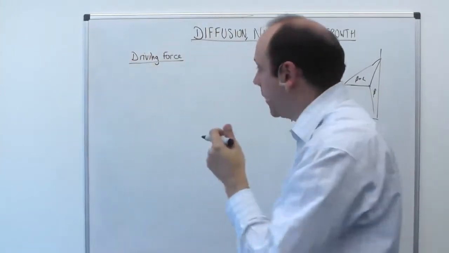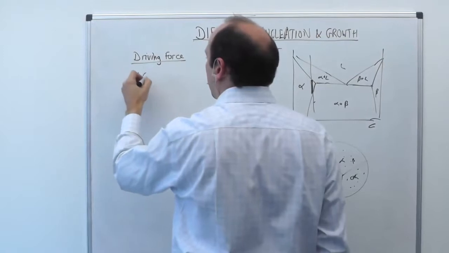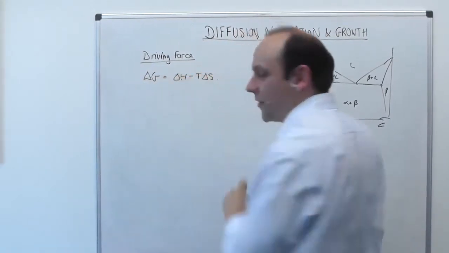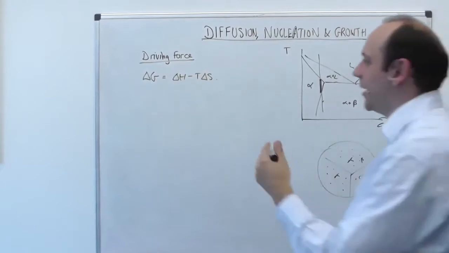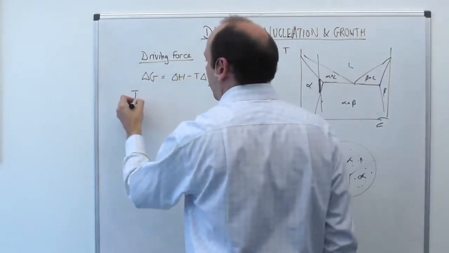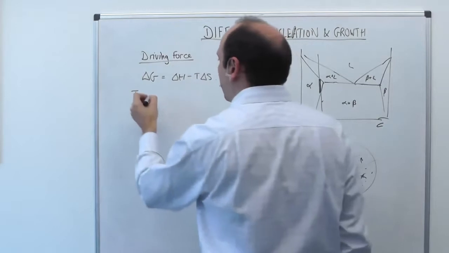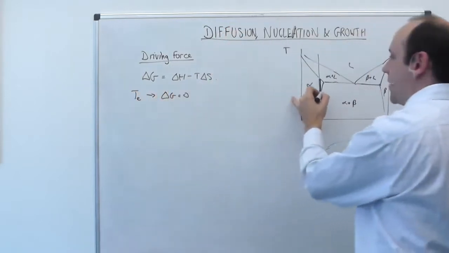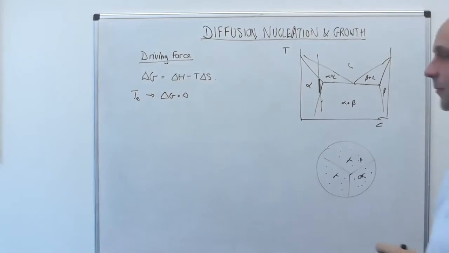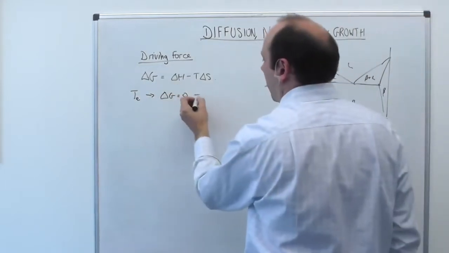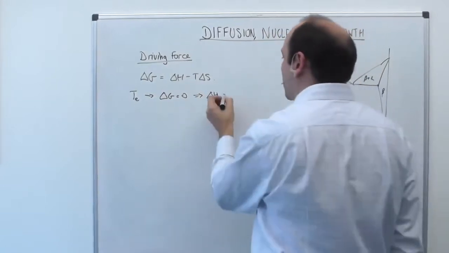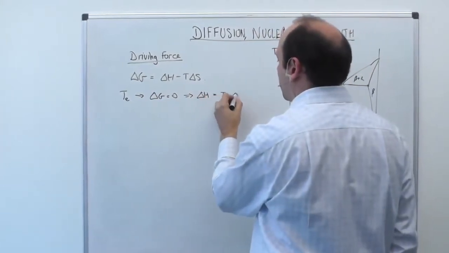So if we write the Gibbs energy as being delta H minus T delta S, hopefully starting to get familiar with that equation now, and at the equilibrium temperature, T_E, then delta G is equal to 0. So at the phase boundary here. And therefore, delta H at that temperature is equal to T equilibrium delta S.